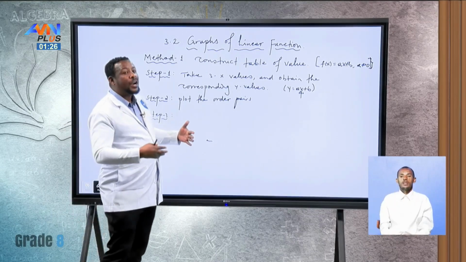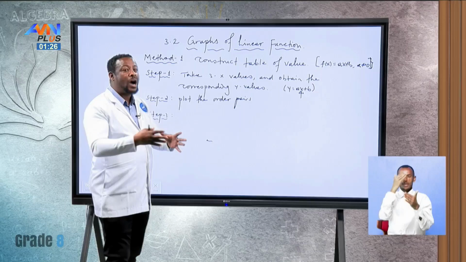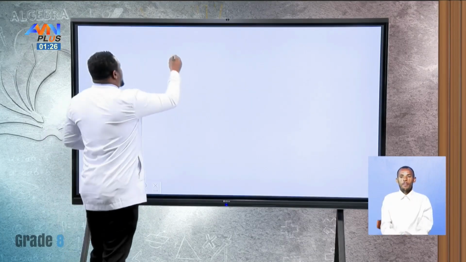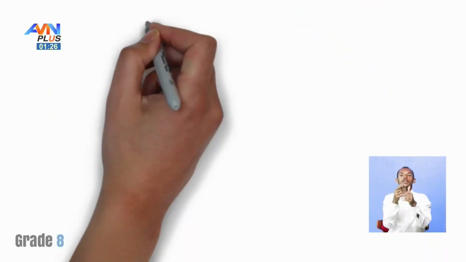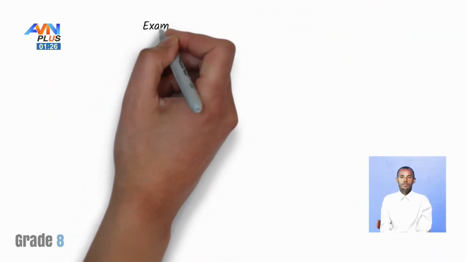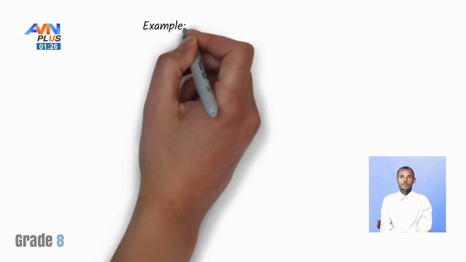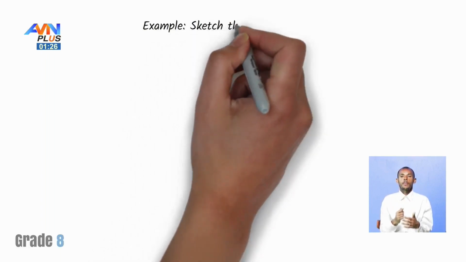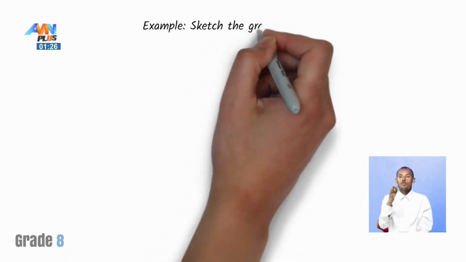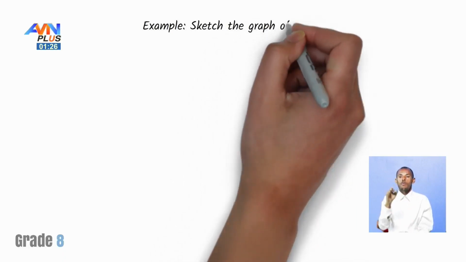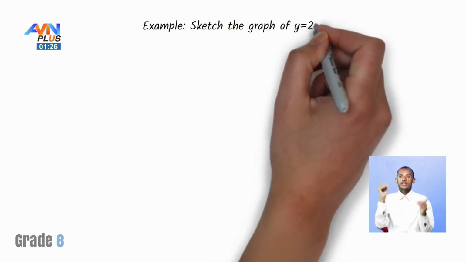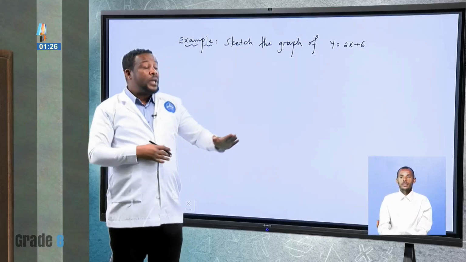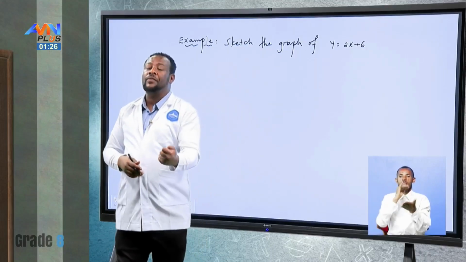So here I will show you some examples on how we can apply this method, okay? The first example: sketch the graph of y = 2x + 6. Okay, clearly this is a linear function.